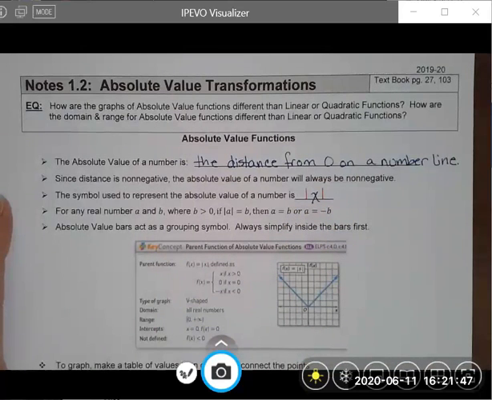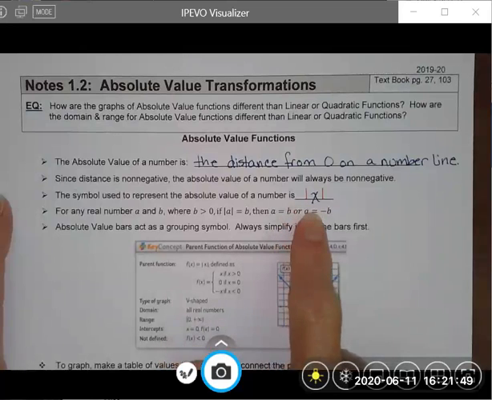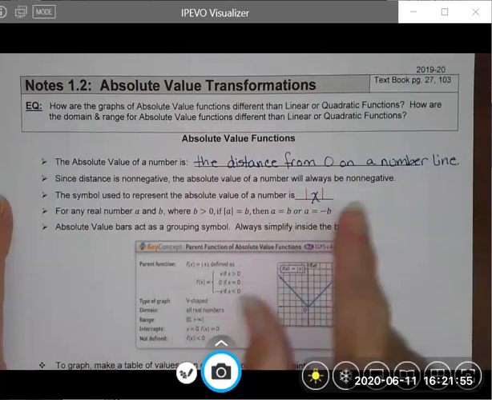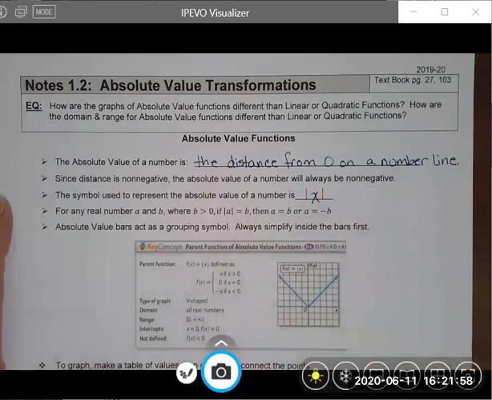If you're asked to simplify, you would simplify inside the absolute value bars. You don't do it differently, but they act as grouping symbols. And that's important when we do solving equations later on.